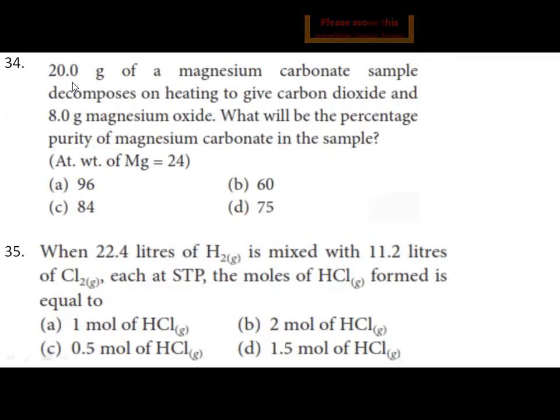Next question. 20.0 grams of magnesium carbonate sample decomposes on heating to give carbon dioxide and 8.0 grams of magnesium oxide. What will be the percentage of purity of magnesium carbonate in the sample? Atomic mass of magnesium is 24. Let us see what they have said.